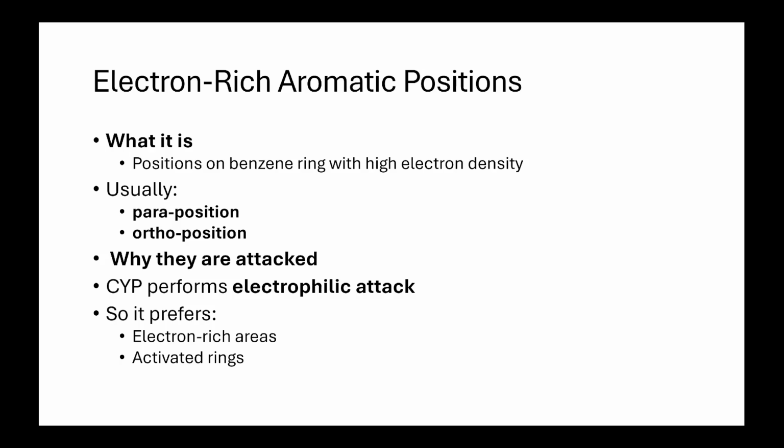Next is electron-rich aromatic groups. So this occurs on benzene with high electron density. So take for example this one. So if you have the ortho and para position, this is ortho, this is para.